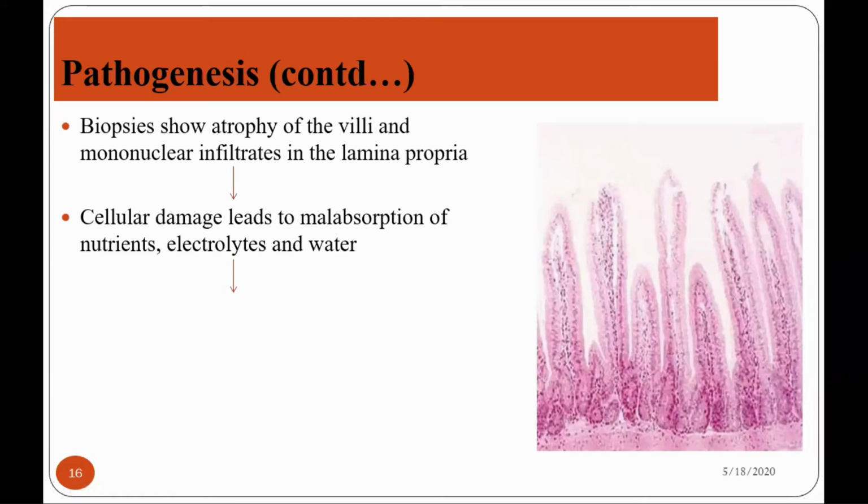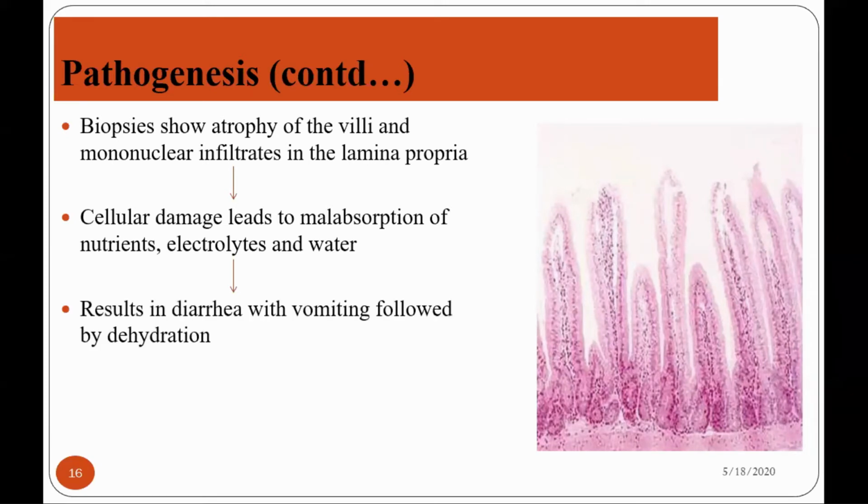As a result, it causes damage to the cells, which leads to malabsorption of various types of nutrients and electrolytes required for our body, along with water. As a result, a person will suffer from diarrhea along with vomiting. If diarrhea and vomiting are not controlled and the case becomes serious, it may lead to dehydration also.